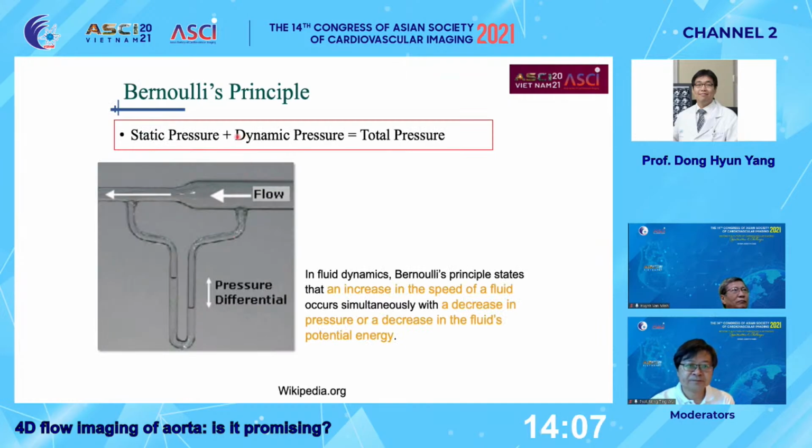This is the very well-known Bernoulli principle. The Bernoulli principle is a very basic rule used to estimate the pressure difference resulting from a stenosis using velocity-based methods such as echocardiography. A very typical example is aortic stenosis in the clinical setting.